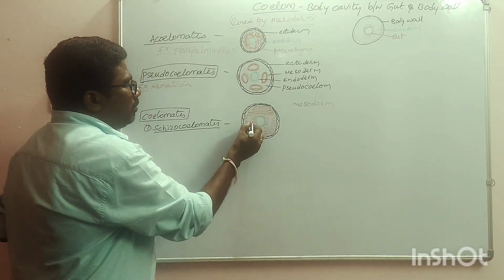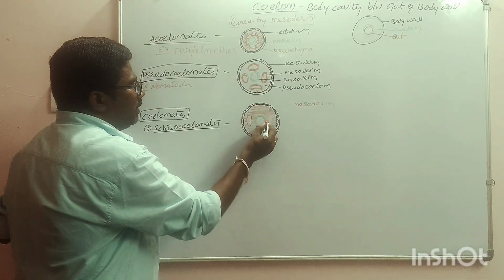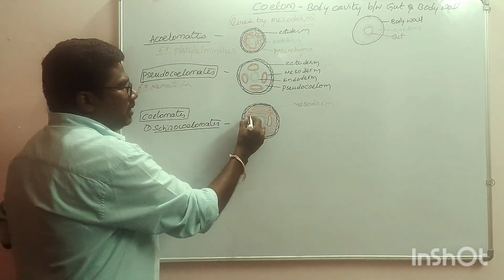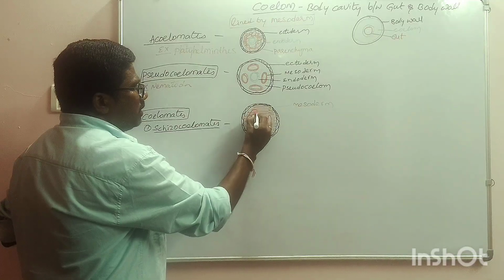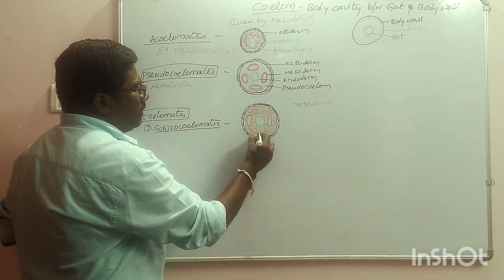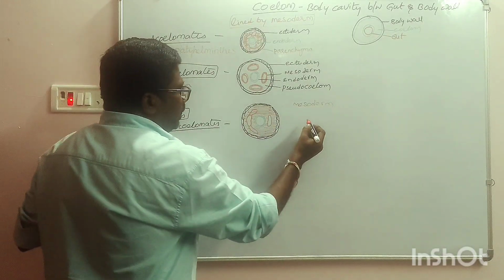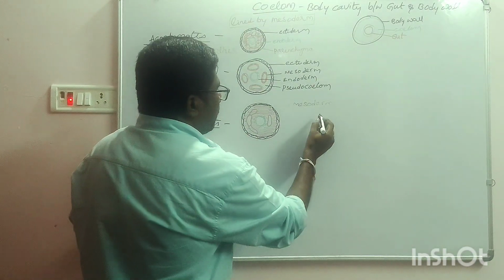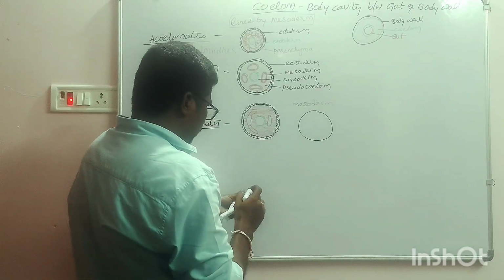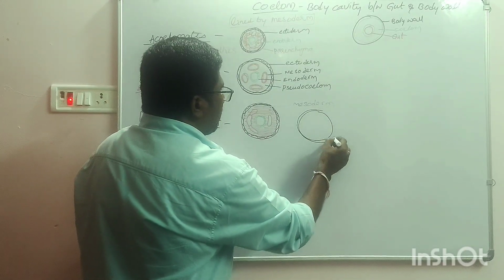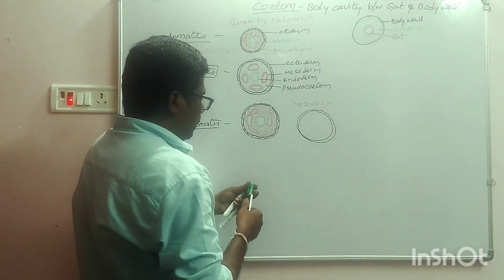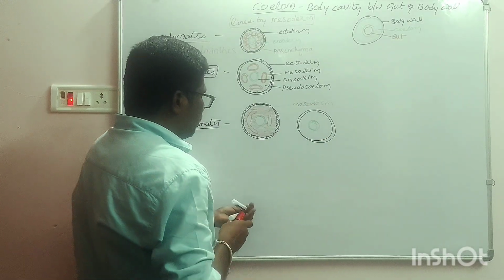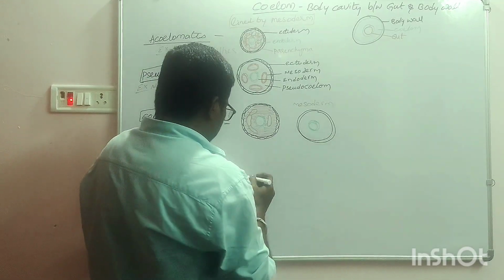Mesoderm starts splitting and forms a coelom here, and this structure continuously grows and becomes bigger like this.